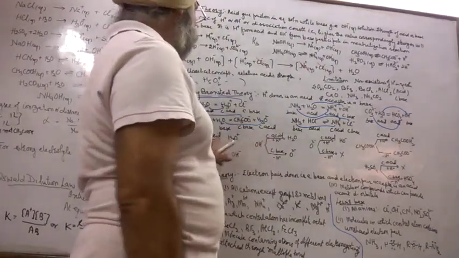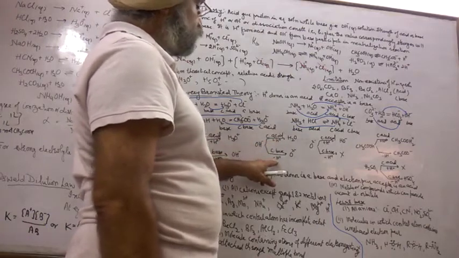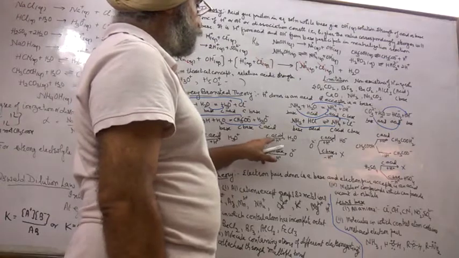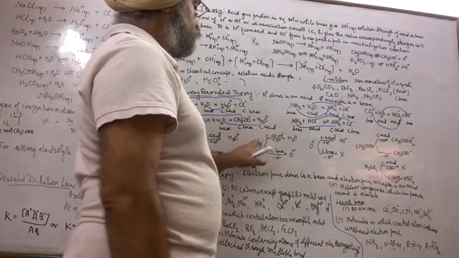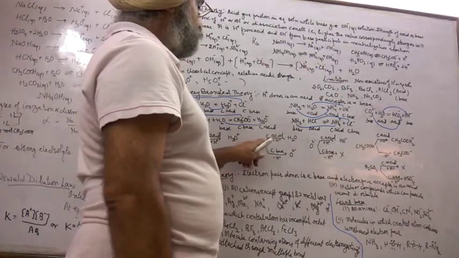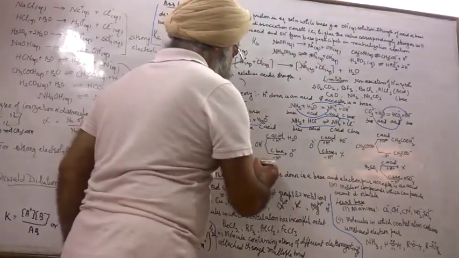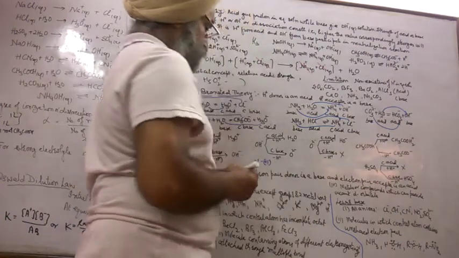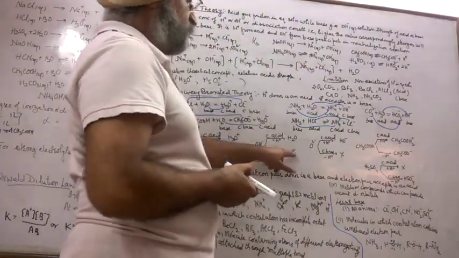For the conjugate acid, you have to add H positive, and for the conjugate base, you have to subtract H positive. So minus 1 plus 1 gives neutral. For the base, minus 1 is already there, and you have to remove plus 1 further. So this comes out to be minus 2.